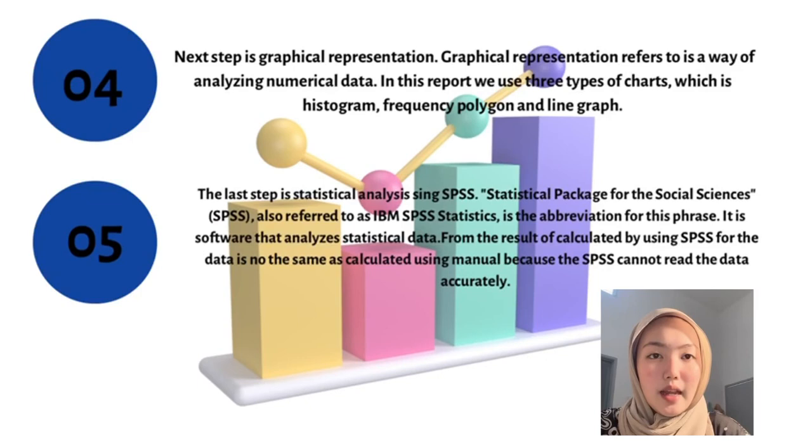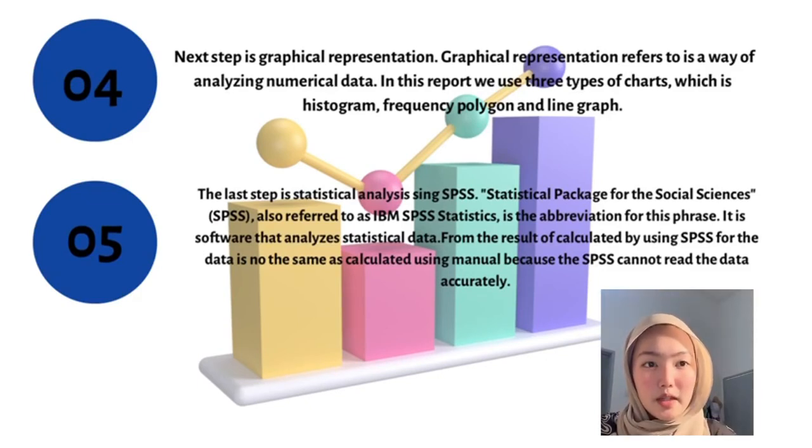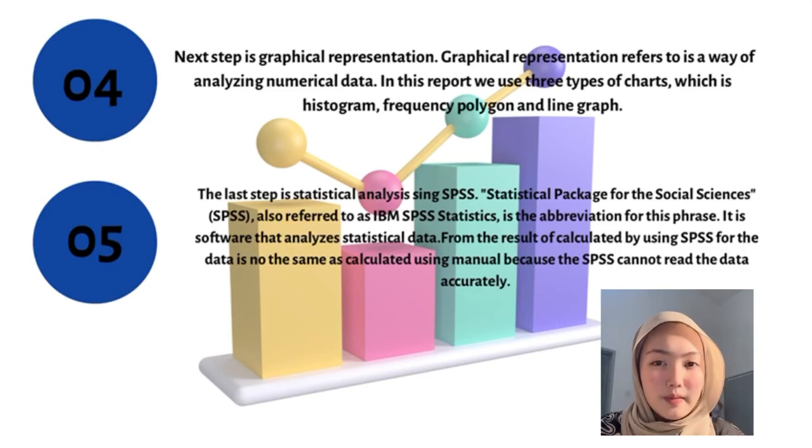After that, the next step is graphical representation. Graphical representation is a way of analyzing numerical data. In this report, we use 3 types of charts, which are histogram, frequency polygon, and line graph. The last step is statistical analysis using SPSS.